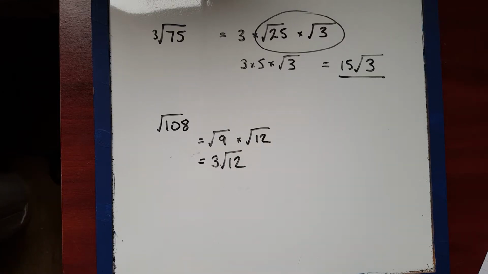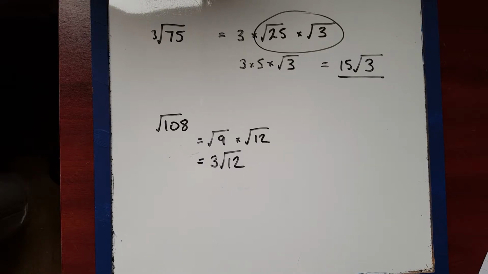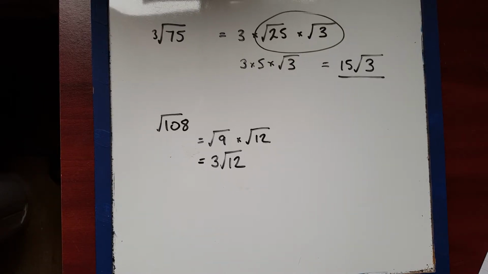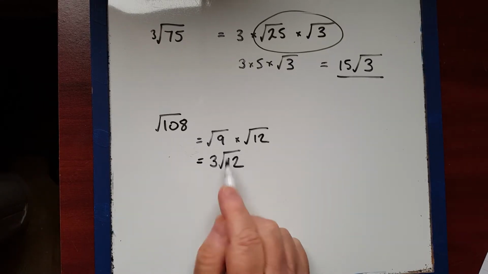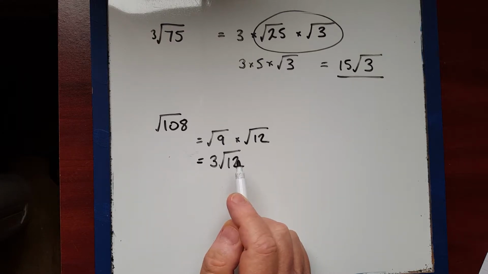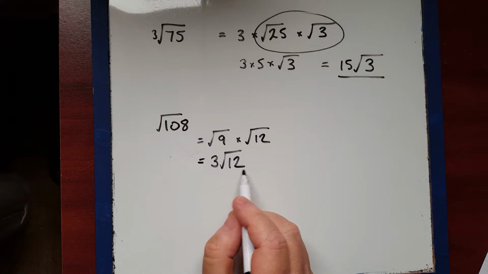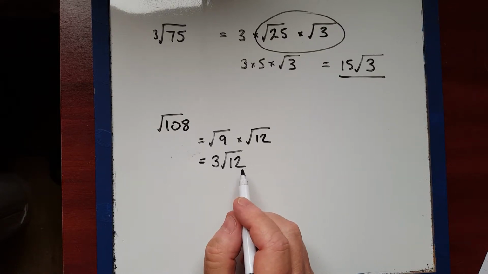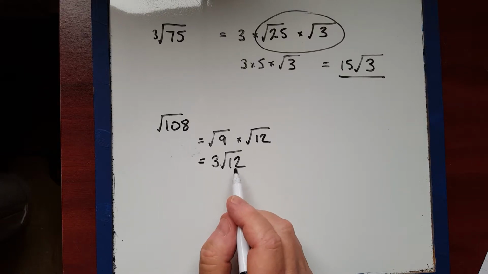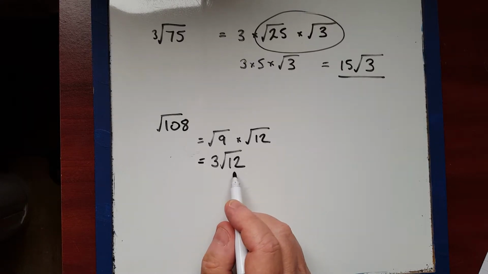However, you always need to be on the lookout to see whether inside your root, inside the square root, we can go further. And 12, of course, is the same as 4 times 3, and 4 is a square number. And if you can get another square number into this, another square factor, then you can go further.